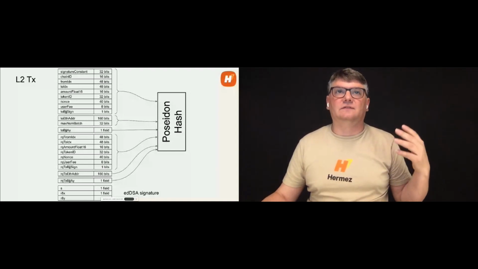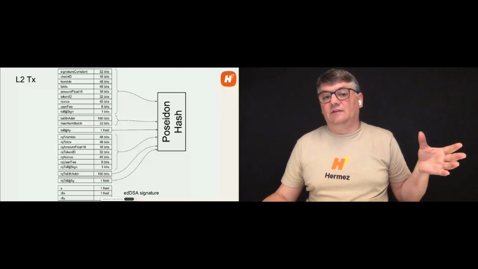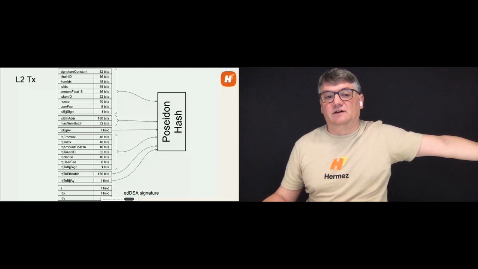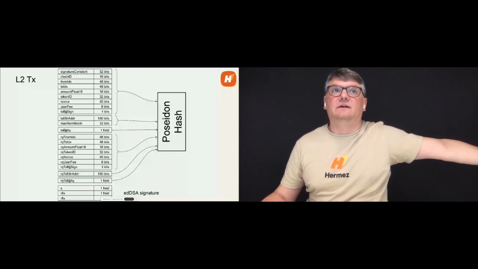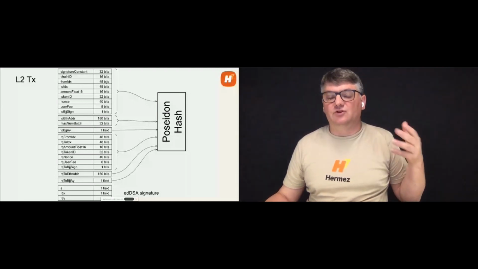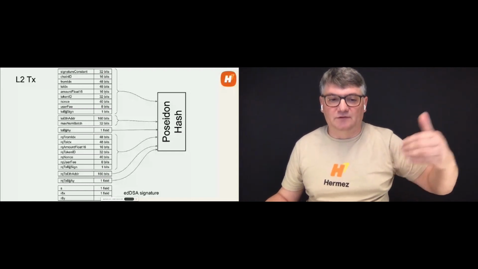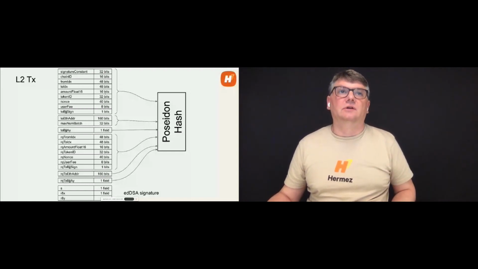We'll also put the token. This would not be necessary because we already know it from the from index. But we decided to put it here just for security reasons, to be sure that the user is signing to send this specific token and there is no confusion.